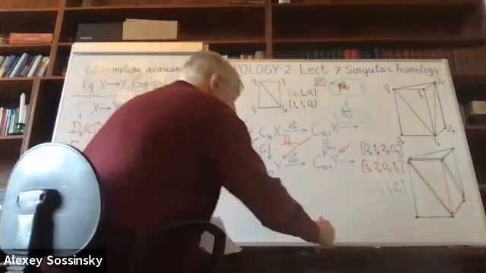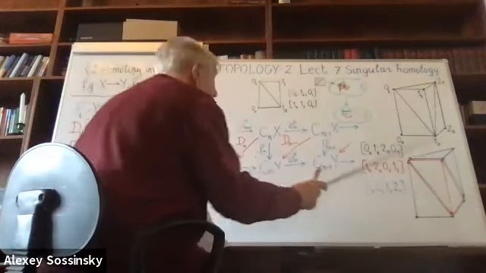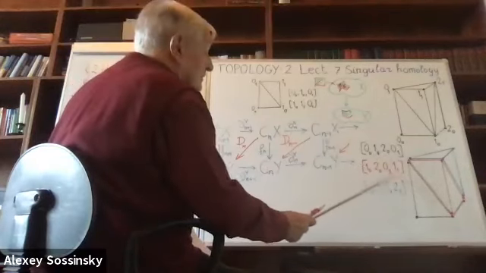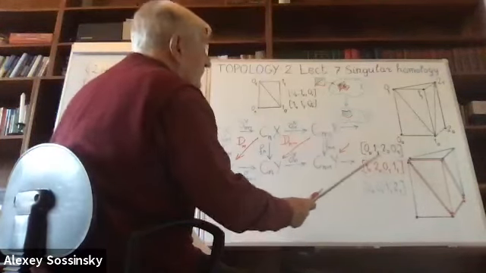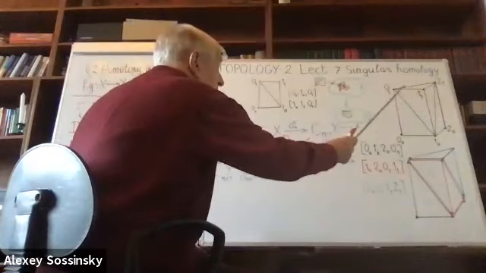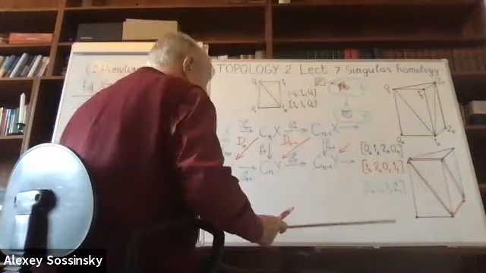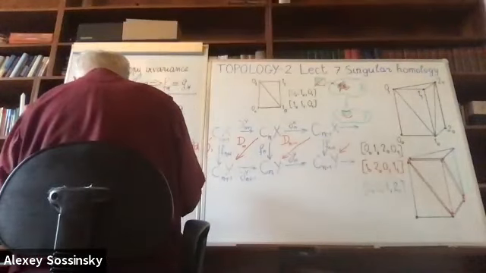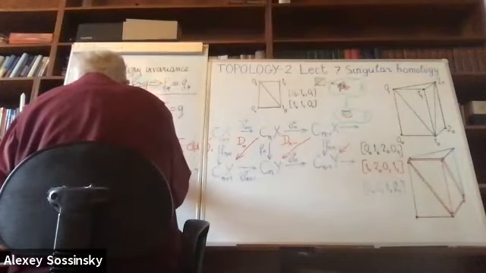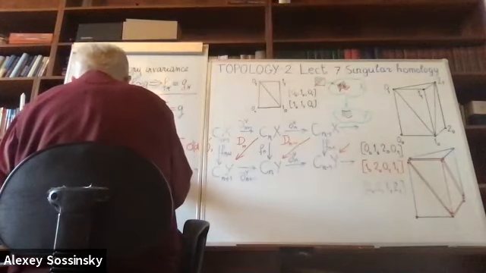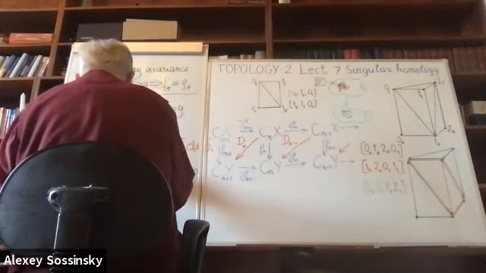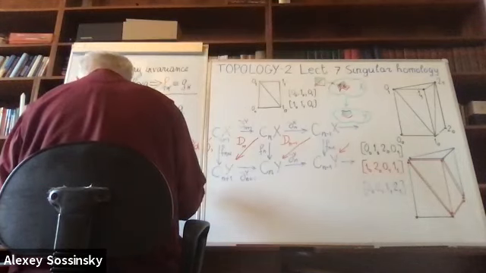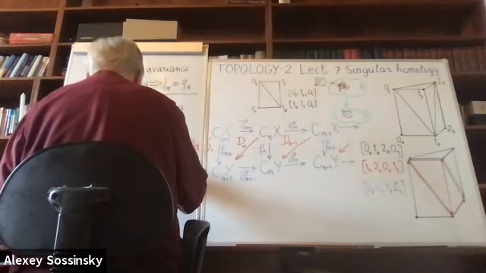Now, this (j,0) refers to these vertices. And j plus 1, I will take to (j,1).